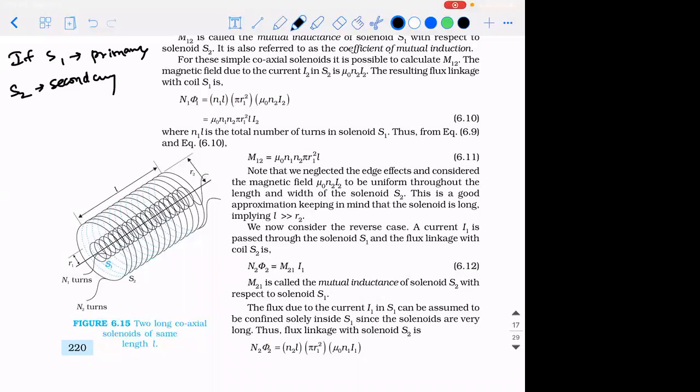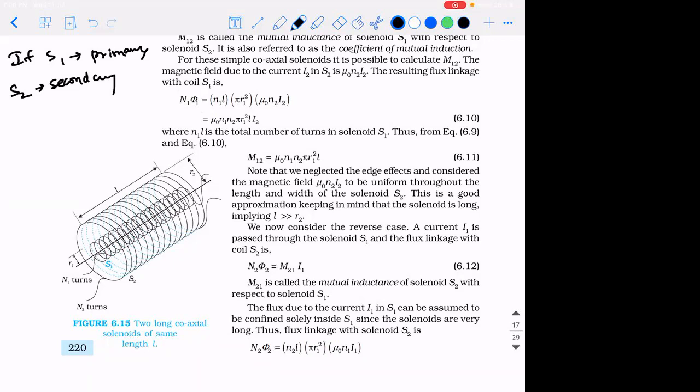What do you mean by primary? Primary is the one which is connected to the battery. Since we have two coils, it is up to us which one to make primary and which to make secondary. So in the first scenario, I'm making S1 primary and S2 secondary. Now answer this question, guys.